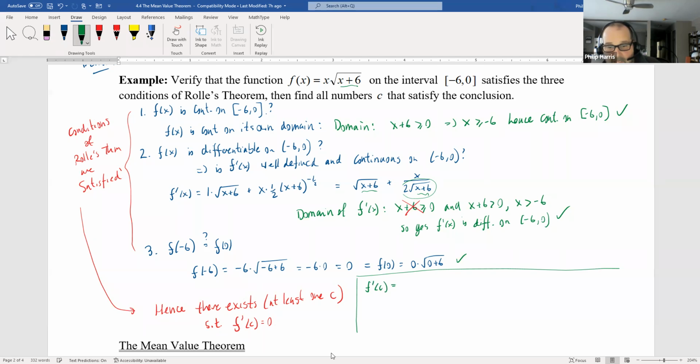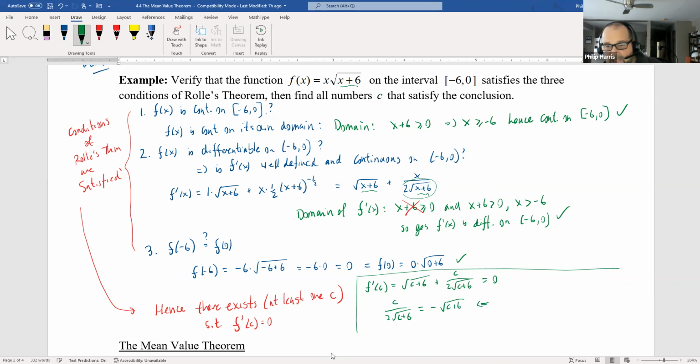F prime of C is the square root of C plus 6 plus C over 2 square root of C plus 6. We set this equal to 0 and solve. So C over 2 times the square root of C plus 6 is negative square root of C plus 6.